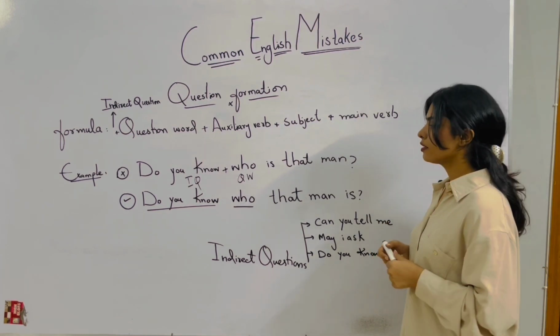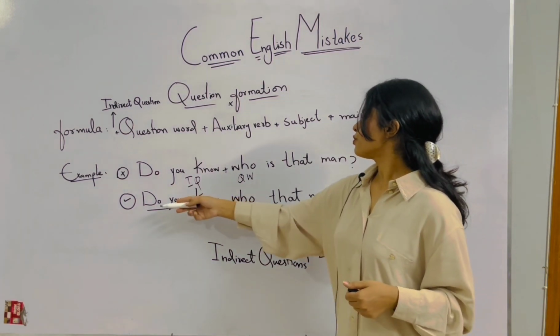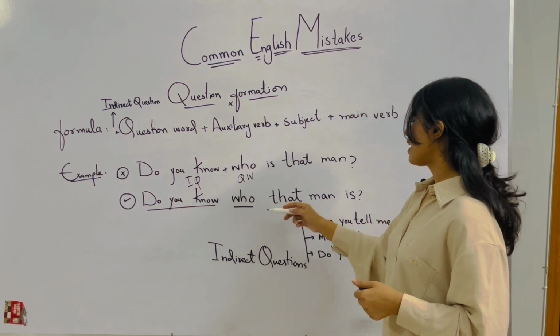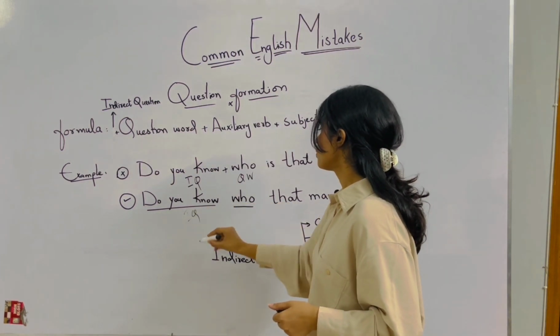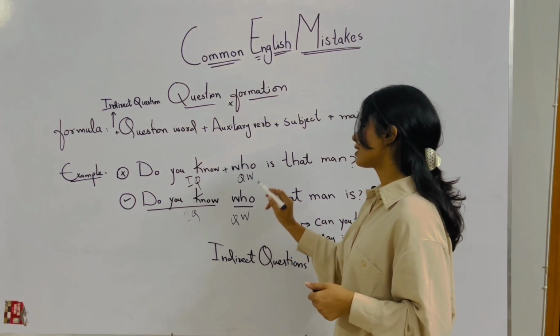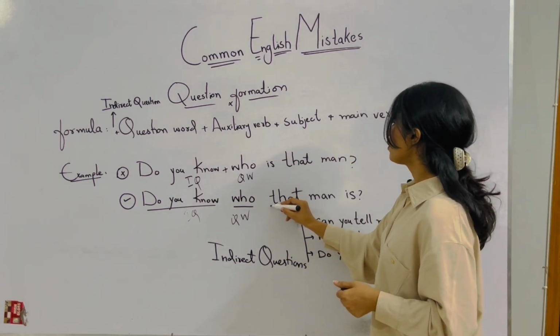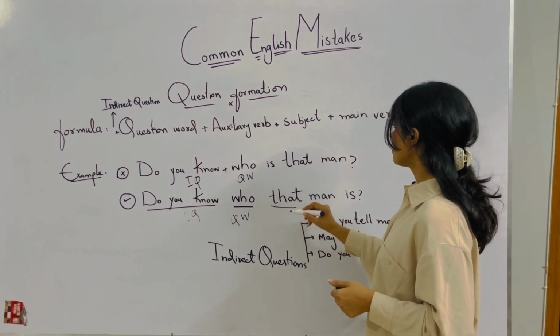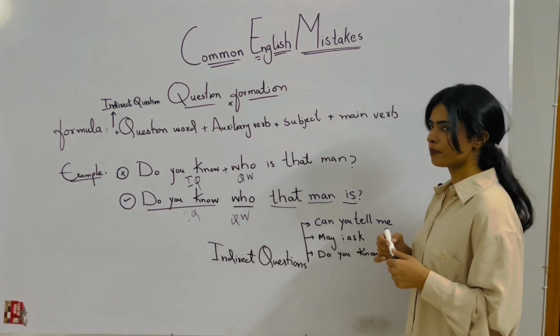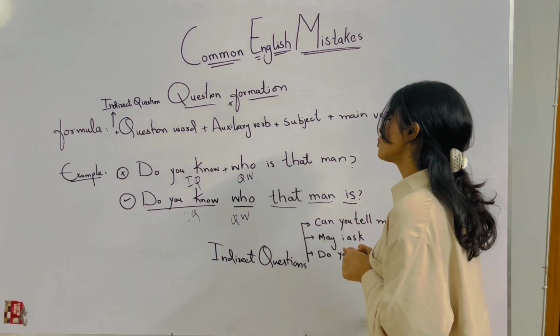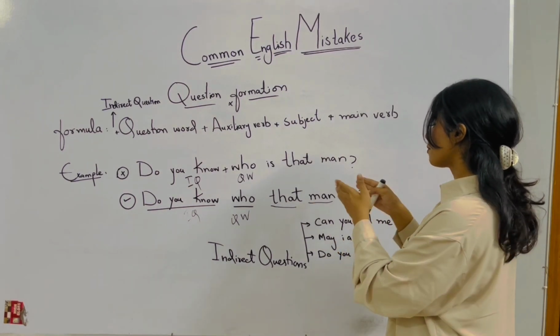But it's not. The correct sentence would be, do you know who that man is? Because we have an indirect question here, the question word stays exactly where it is, and then we move on to auxiliary, subject, and then main verb, right? So the correct sentence would be, do you know who that man is?